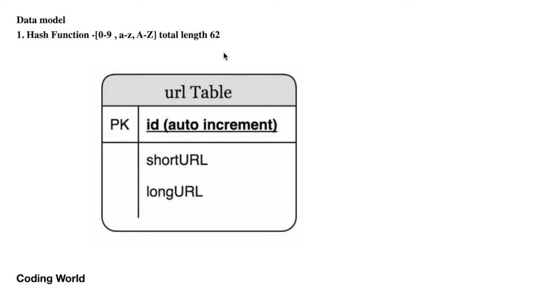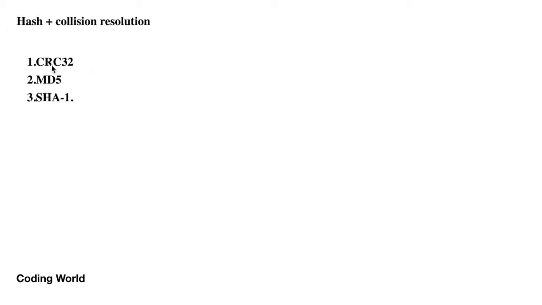In this video we are mainly focusing on a 32-bit hash code generator. These are the hashing algorithms like CRC32, MD5, and SHA1. When you pass a string or any value to these hash functions, they will return us some hash value.